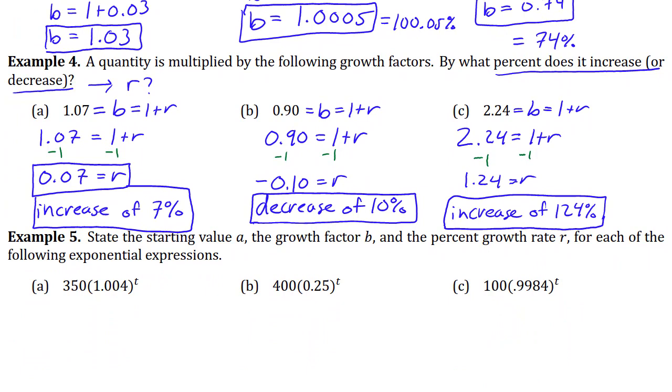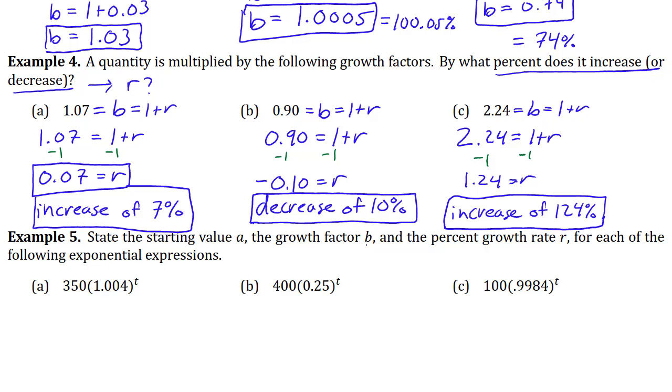Okay, so let's look at this. If we want to state the starting value A and the growth factor B and the percent growth rate R for each of these, this is trying to sort of bring this together. We have an exponential function.